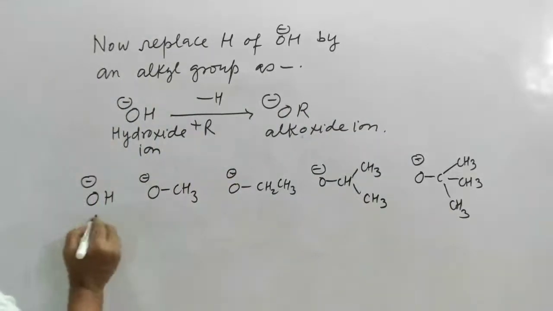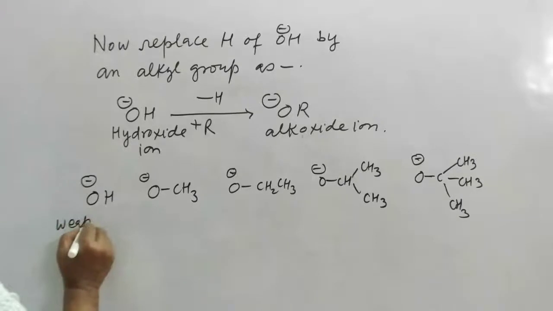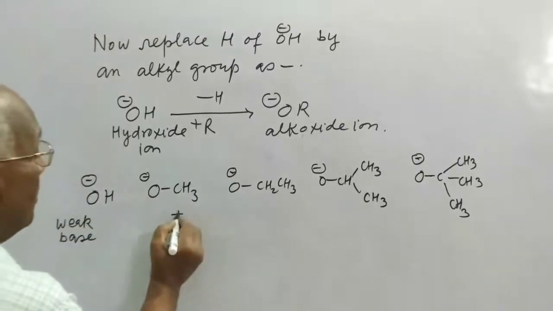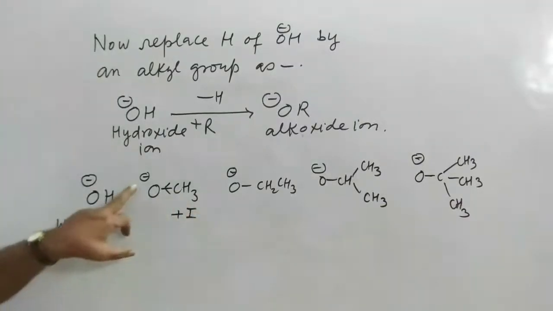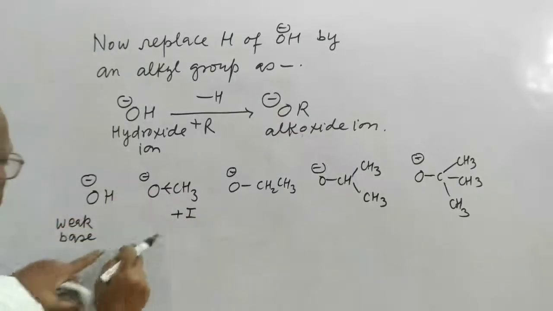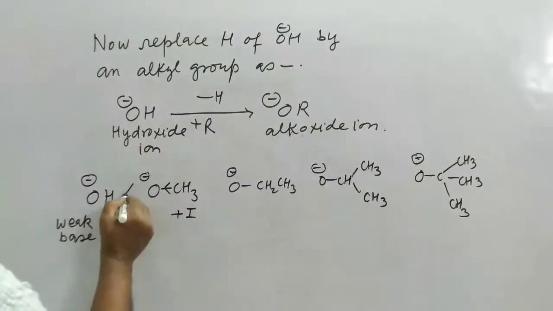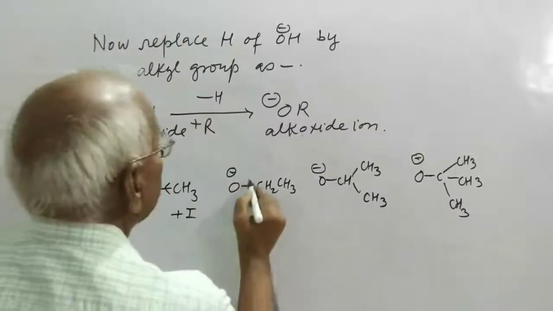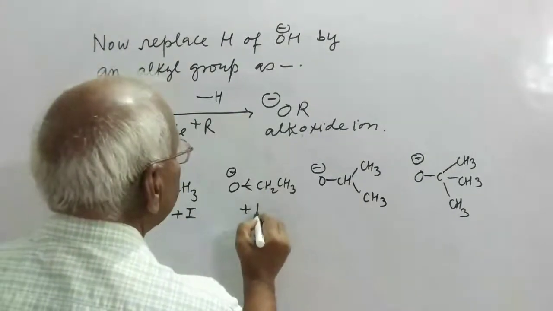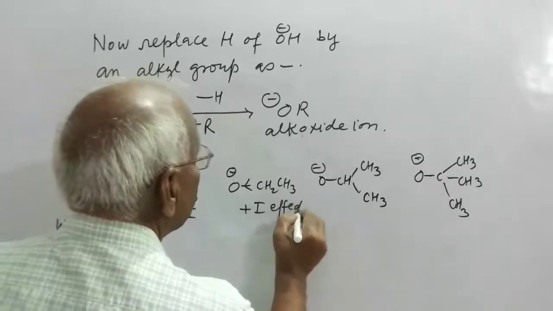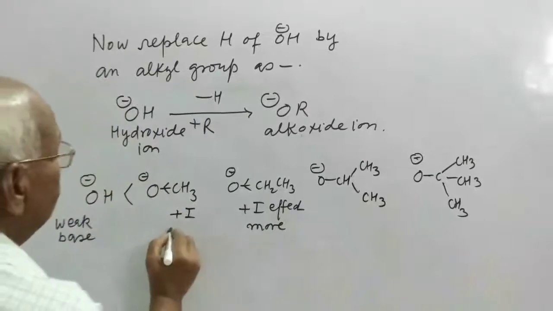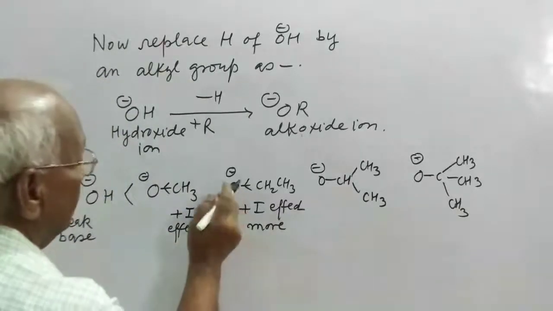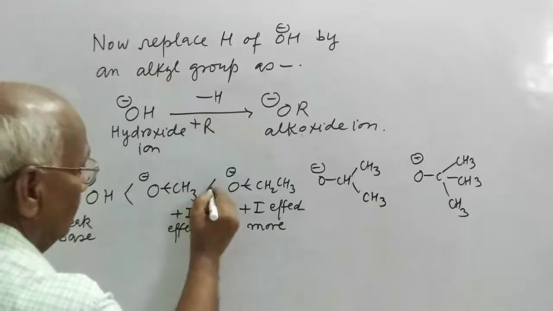This is hydroxide, weak base. The plus I effect of this group increases electron pair donation, so it is a stronger base than the hydroxide ion. In this case, plus I effect is more, still more than this one, so this base is stronger than this one.